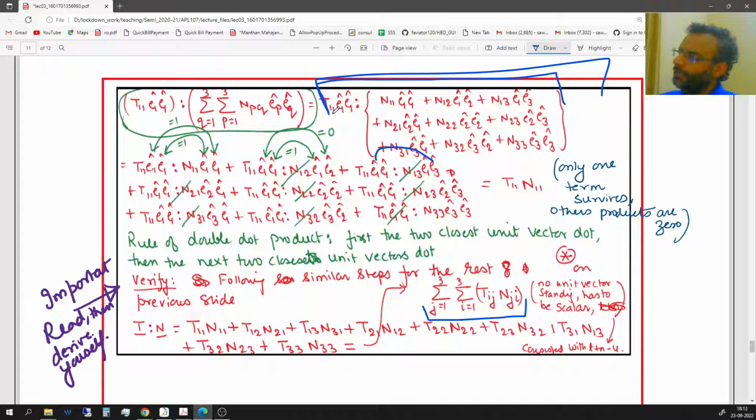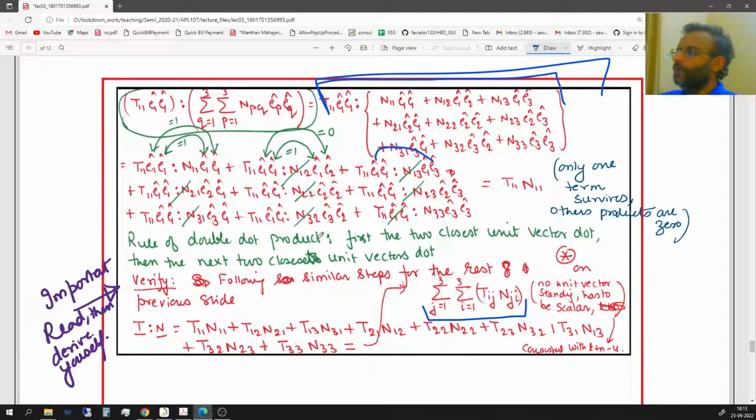And then one by one, T11 e1 e1 will double dot with each of the 9 terms that are there for the n tensor. And all these have been written explicitly here on my slide. And then we are ready to perform the double dot operation.